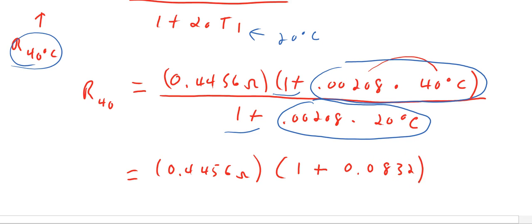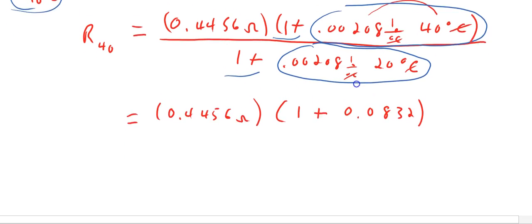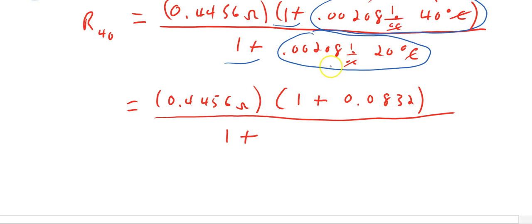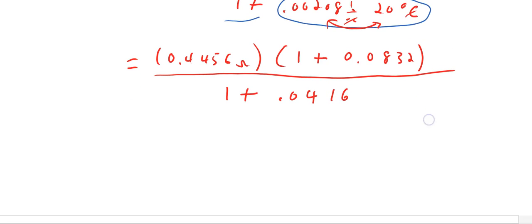The unit, if there's a 1 over degrees C in here for alpha, then there's no unit on this. It's a fraction that we multiply the resistance by to determine the new resistance. So in the denominator, 1 plus 0.00208 times 20 gives us 0.0416. Now we'll do the addition.